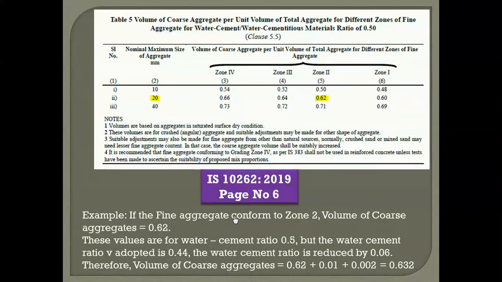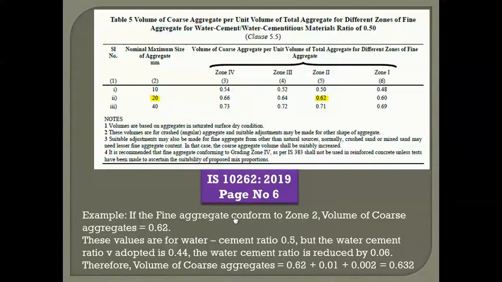Let me highlight it. The value given in the table is for 0.5. If we adopt a water cement ratio of 0.5 only, then the volume of coarse aggregate is directly 0.62. But in our example the water cement ratio is 0.44, which is reduced by 0.06 compared to 0.5.